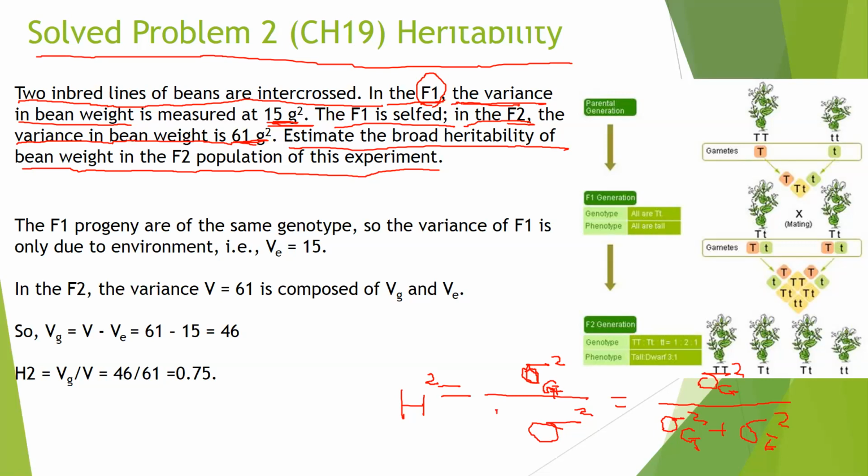All right, so let's look back at this problem. The F1 progeny are all of the same genotype. Do you agree with this? Because if we cross the parent big R with the other parent small r to generate F1, then each individual of the F1 progeny carries the same identical genetics, big R, small r, heterozygous.